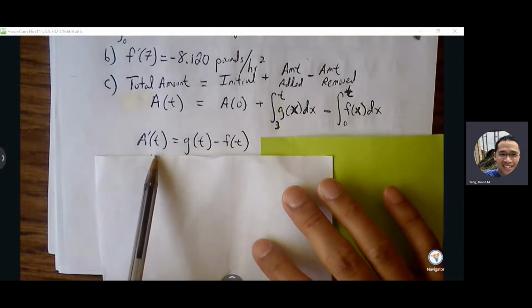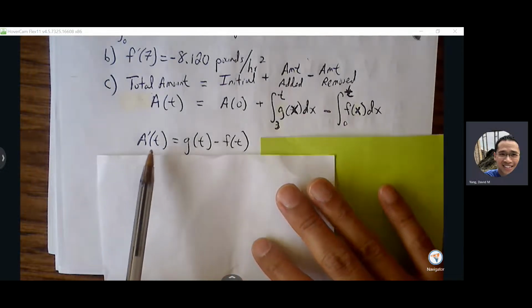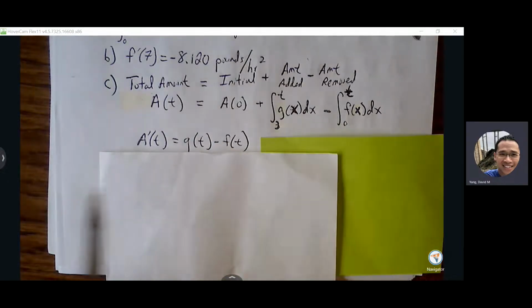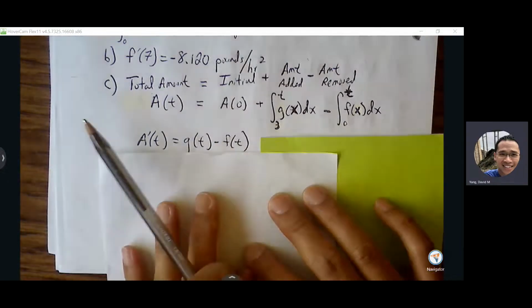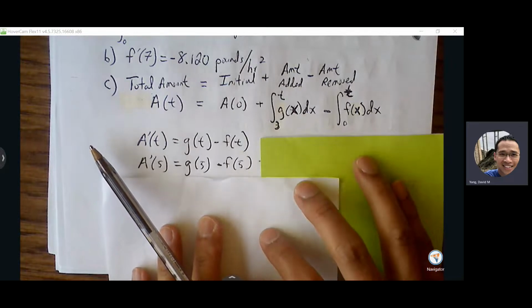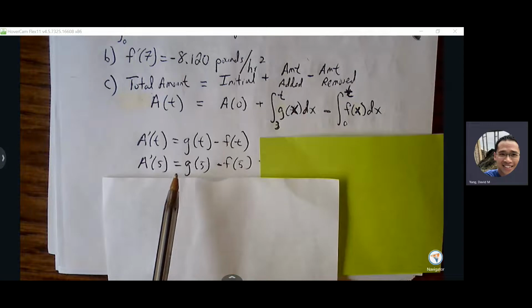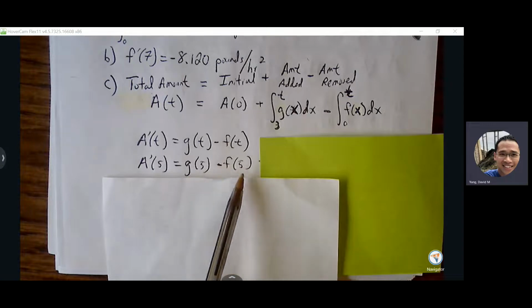So now I want to figure out what is the rate that bananas are being removed or added at 5 hours in. So I can just insert 5 in for t and make the calculator find these values, right? So g of 5 minus f of 5.